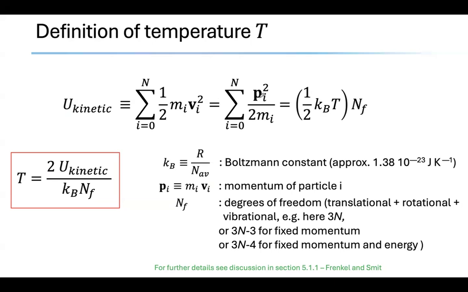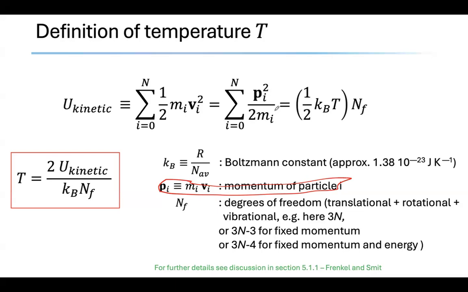Now, you can also represent the kinetic energy in terms of the momenta. The momentum, as you know from high school, is a vector as well, a product of the mass and the velocity. So then the kinetic energy becomes the square of the momenta over 2m_i.